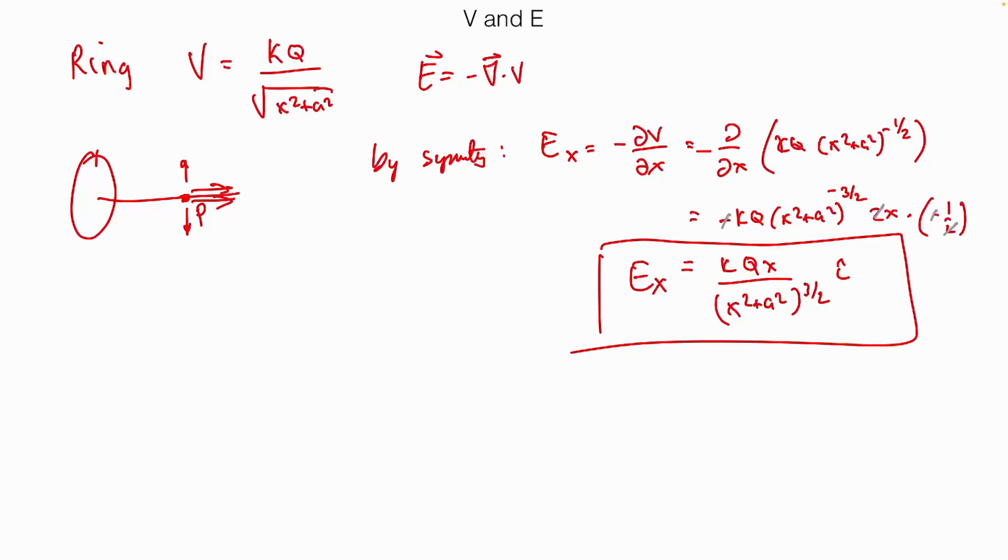Mathematically, even without the symmetry argument, what would the Ey component look like? The partial derivative with respect to y of negative kq all over x squared plus y squared to the 1/2. We have to do the regular derivative: kq times negative 1/2 times x squared plus y squared to the negative 3 halves, and now we have to do the derivative of the inside.